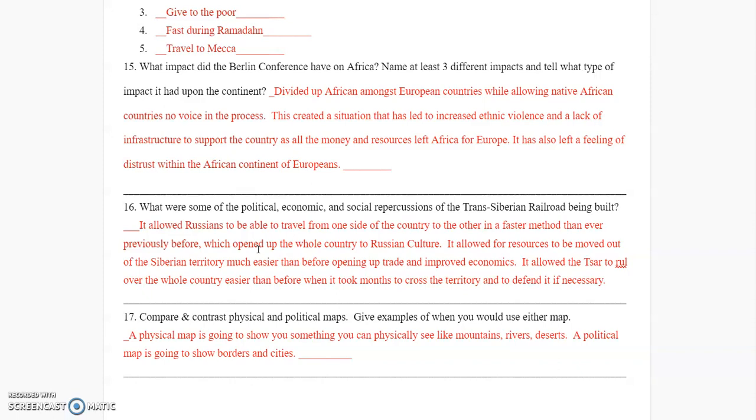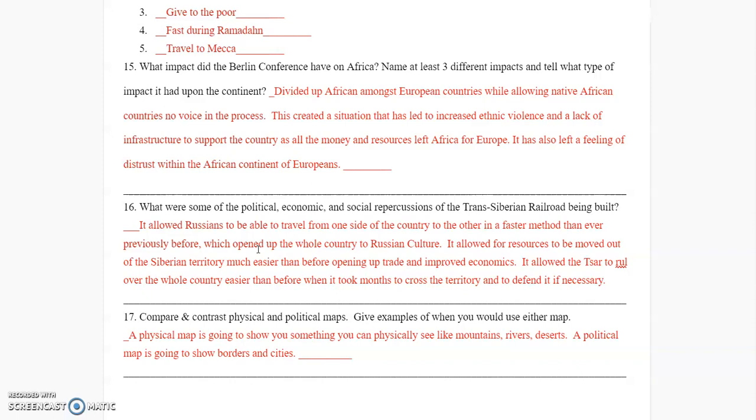In the next 100 years or so, as colonization continues, all the Europeans are doing is just taking all the resources. So it creates a situation where no money and no resources are left in Africa. And when the Europeans leave Africa following World War II, you have tribes that didn't like each other before, but now they're trapped in the same country because the Europeans set up the borders.